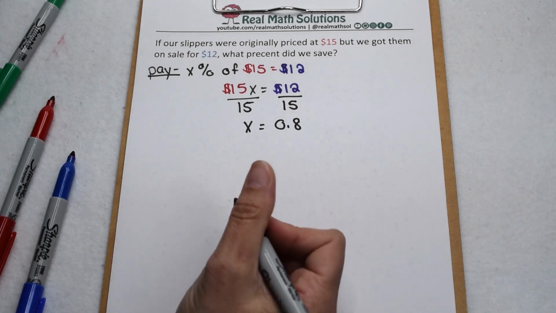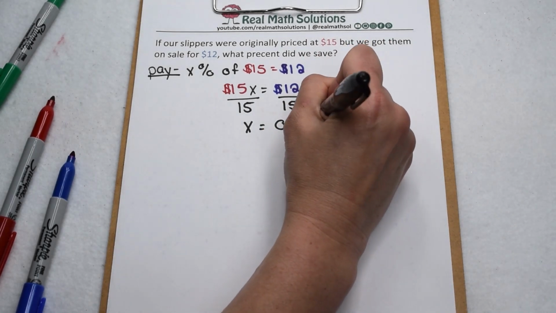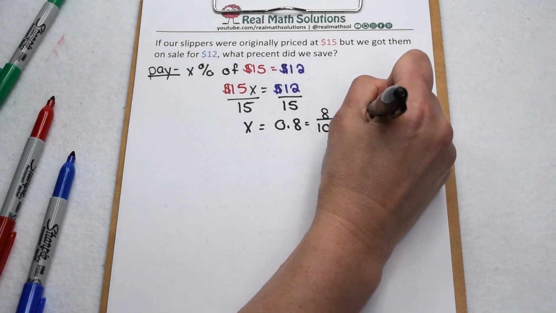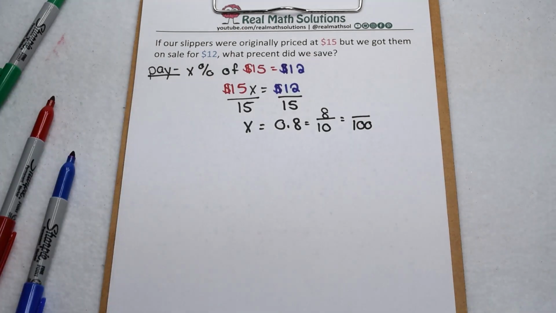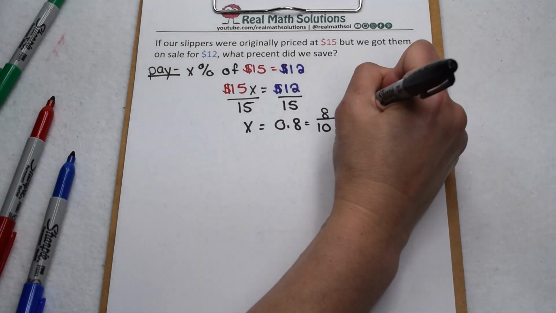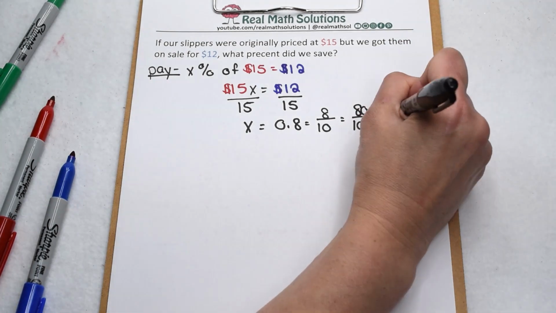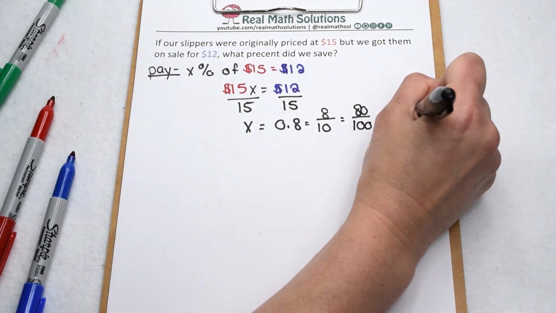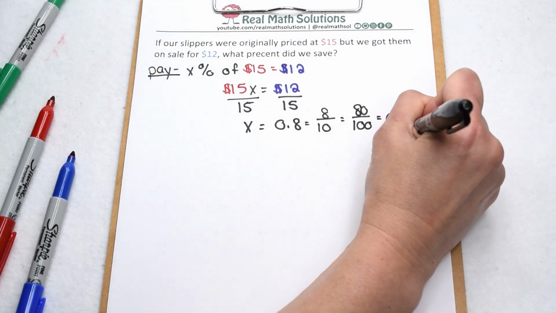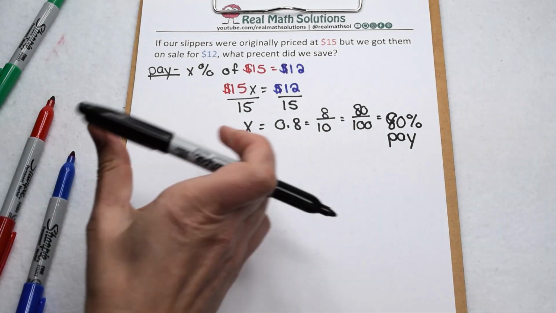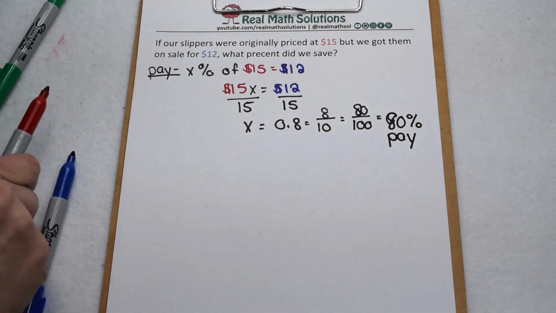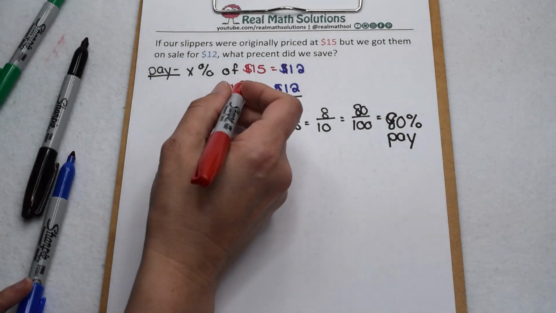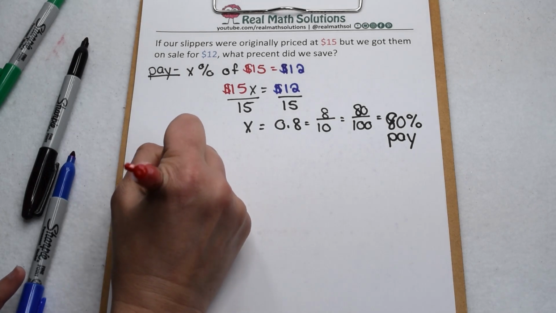But we're looking for a percent. So first thing we're going to do is change 8/10 to the fraction 8 out of 10, but we want a percent, so we're going to change that to a fraction out of 100. 8 out of 10 is the same as 80 out of 100, so that comes out to be 80%, but that also represents what percent we paid. Our question is, what percent did we save? Well, again, $15 represents the full price.